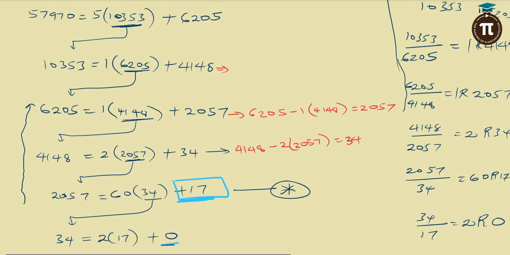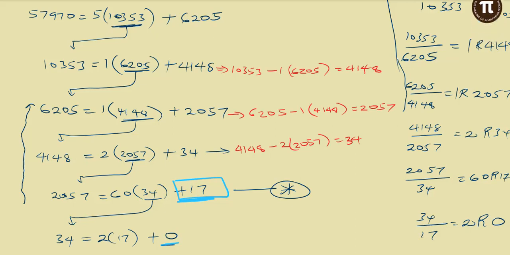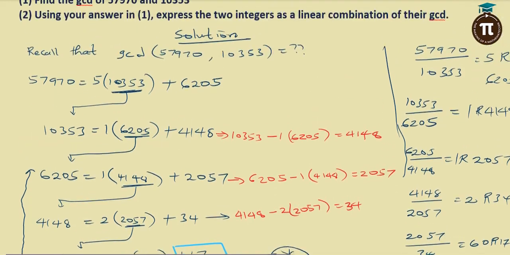Again, when you come to this one as well, make the remainder the subject. I have 10353 minus 1 multiplied by 6205. That will be equal to 4148. All these things I'm doing will be very useful. Don't worry, you will see how I'm going to be making use of them.